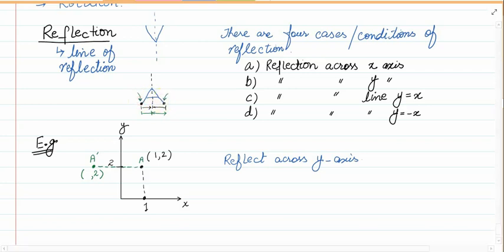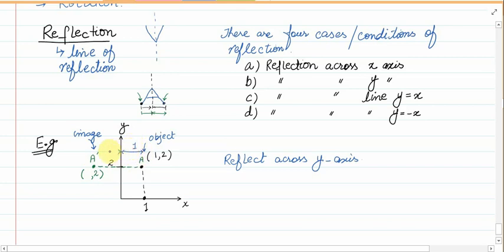In our case, this A was the old point, and you can say that this is our object, and this A dash is the new point and it is our image. Now when you reflect the object to the image across the y-axis, what is the distance here? The distance here is 1 unit.